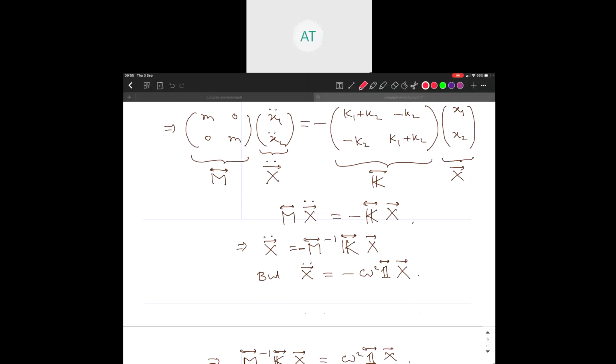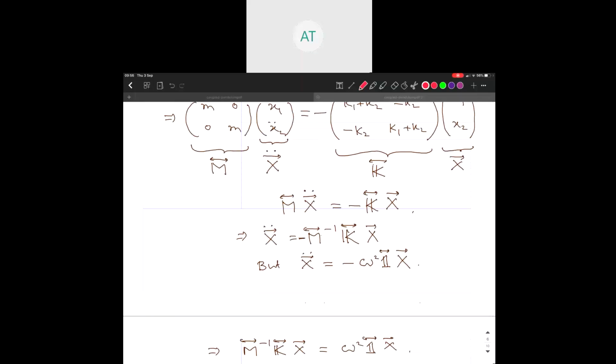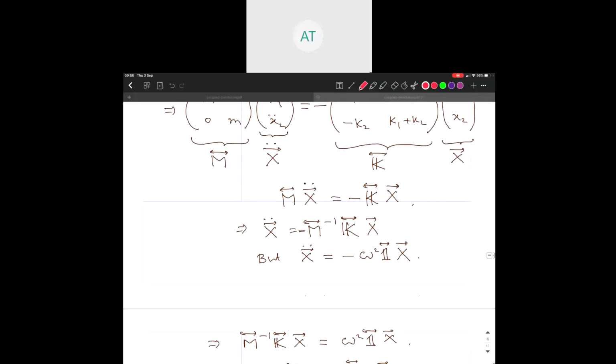In a similar manner, we should have omega square multiplied by a unit, like an identity tensor or identity matrix here, and that would lead to x double dot equals minus omega square along the diagonal elements times x.